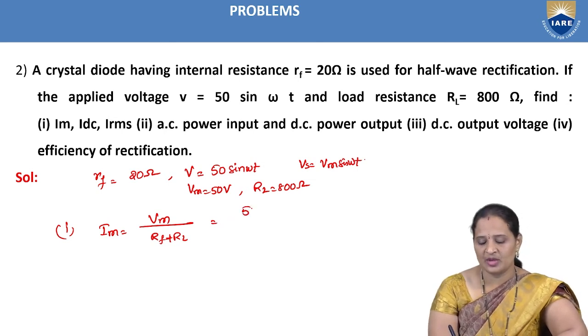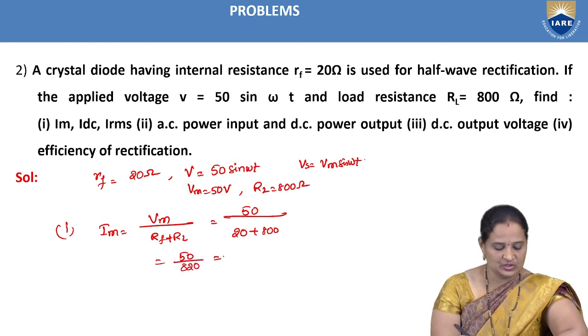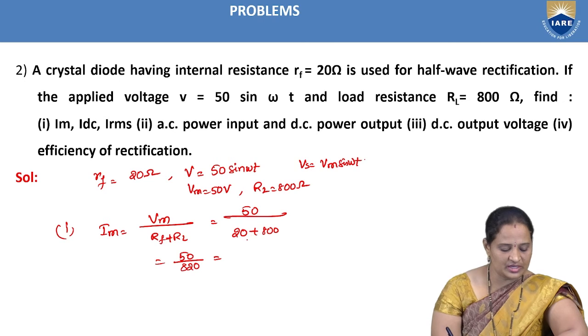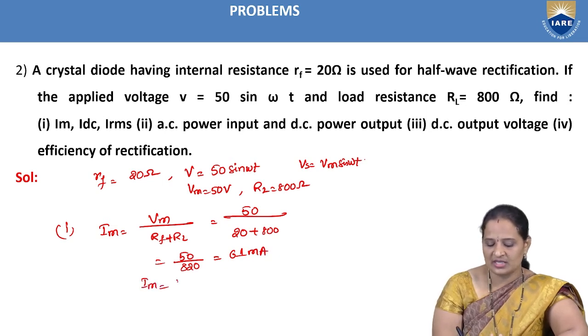So 50 divided by 20 plus 800, that is 50 divided by 820 ohms, which is equal to 61 milliampere. This is the maximum current, Im, 61 milliampere.